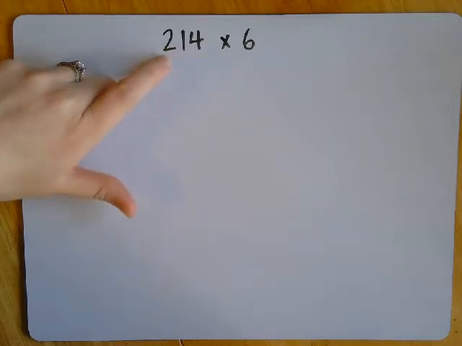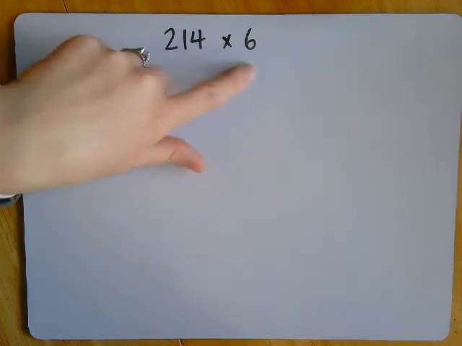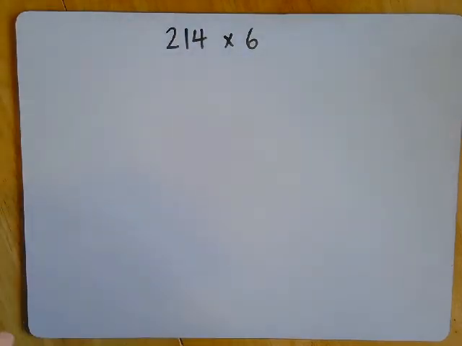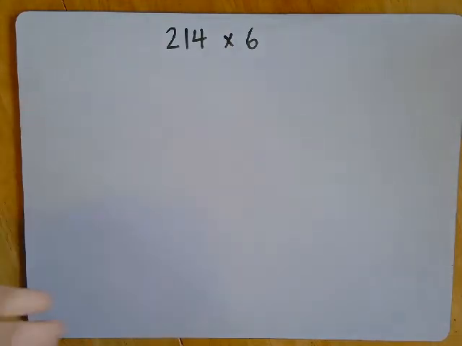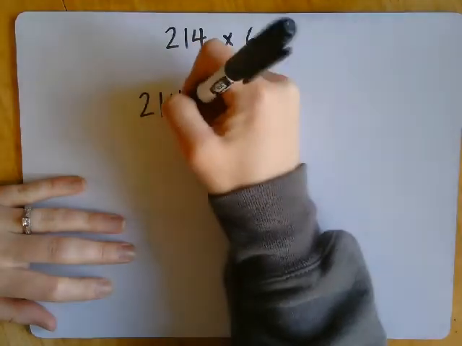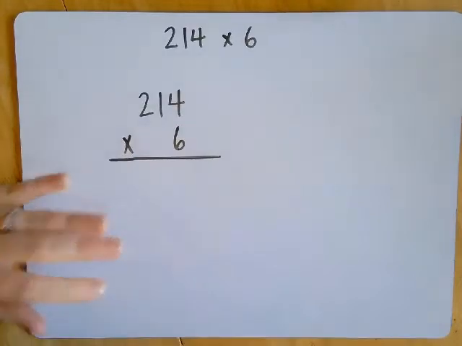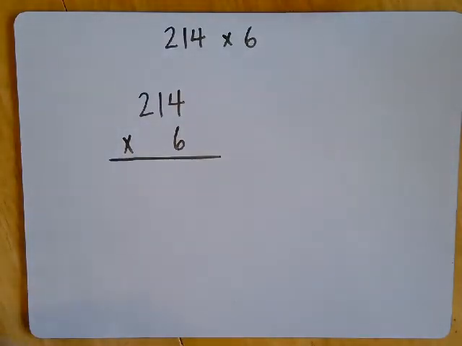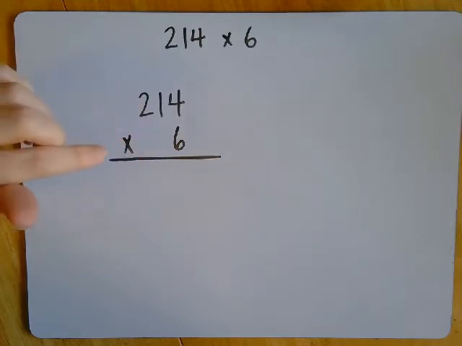So we looked at this like 200 plus 10 plus 4 multiplied by 6. But I'm going to set it up so it looks really similar to the standard algorithm. What I mean by that is I'm going to set it up like this, but I'm still going to go through each of the parts and show you what that looks like.